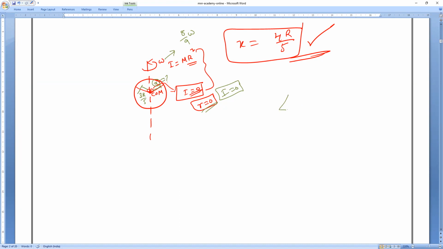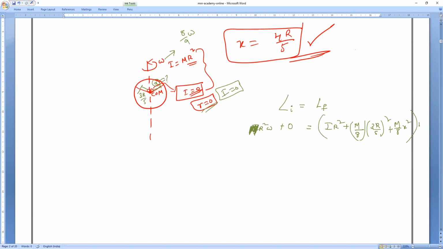So initial angular momentum is equal to final angular momentum. Initially only the ring has it, so MR square omega plus the balls, which is 0. Then after, the ring has MR square, plus M by 8 into the distance 3R by 5 whole square, plus the second mass M by 8 into x square, all into omega, the angular velocity.